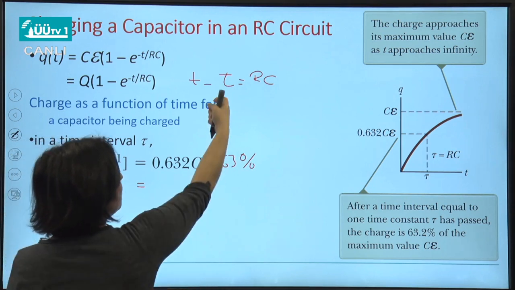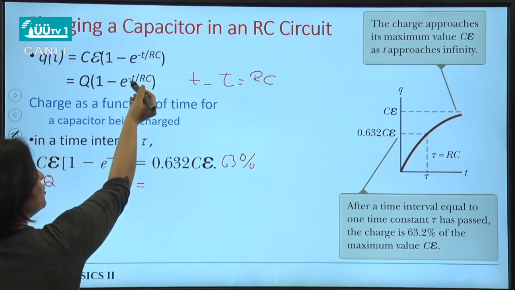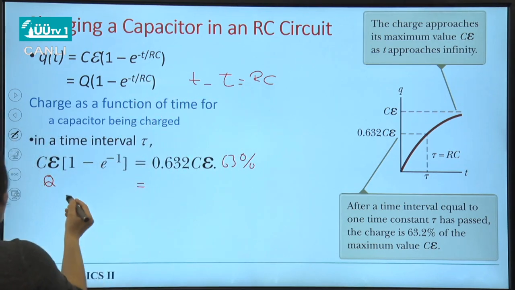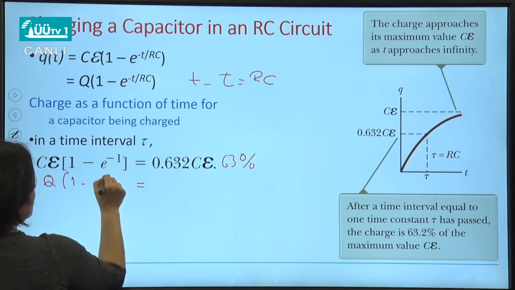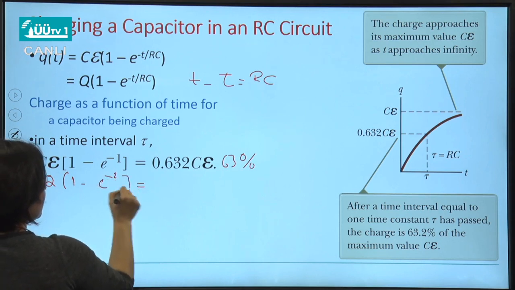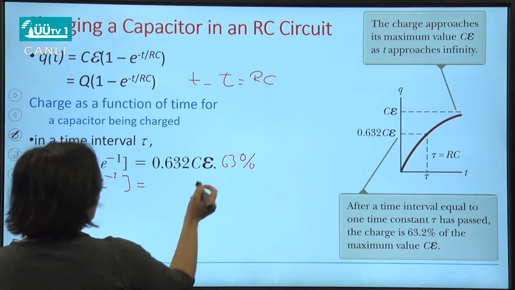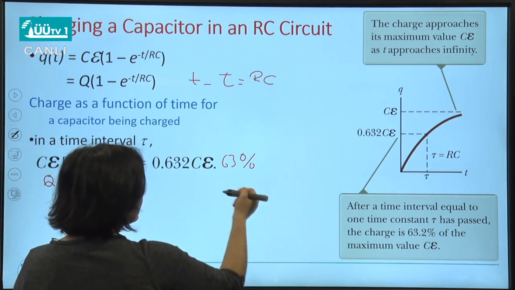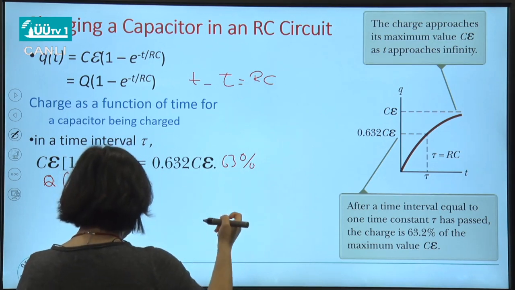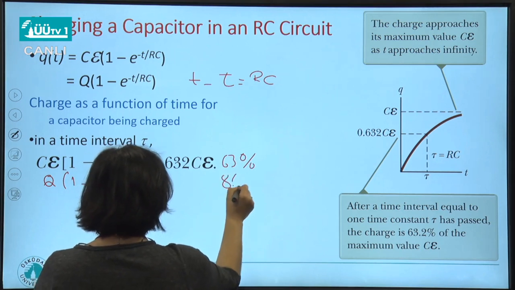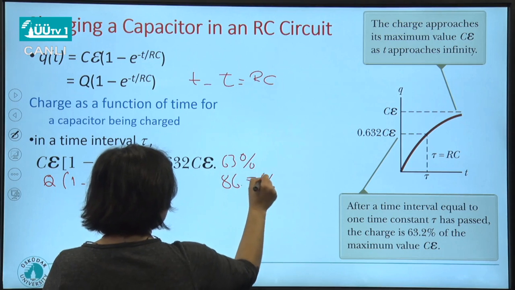After another tau time, now I have 2 tau, so 2 RC. If you substitute 2 RC here, now I have 1 minus e to the power minus 2. When you calculate it, you will find a number, but I want to write it as a percentage so we can understand it better. For this calculation, we will find the percentage as 86.5.